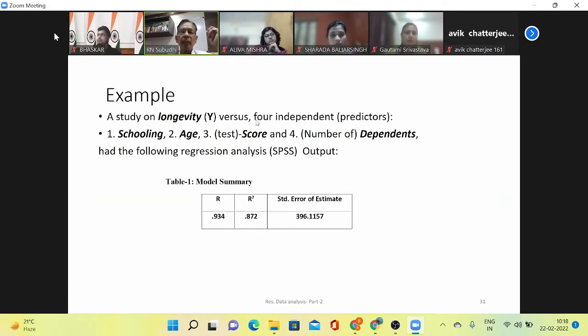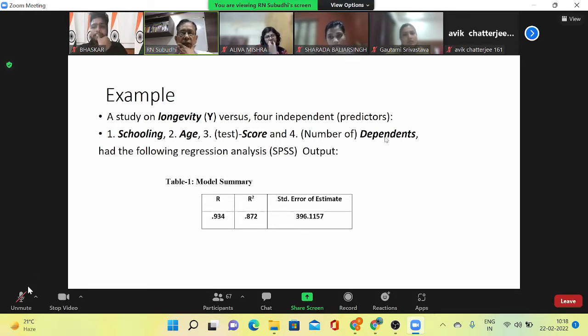Now, the number of dependents. Is it something to do with longevity? Has it any impact? Yes, sir. Bhaskar, are you able to appreciate this?